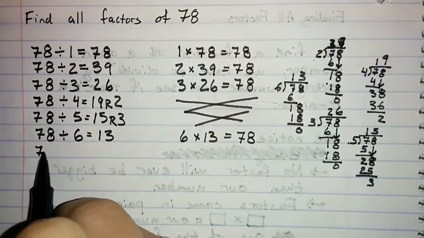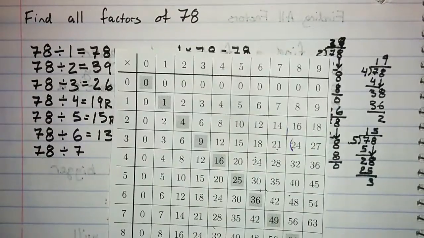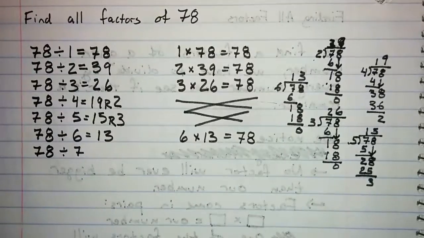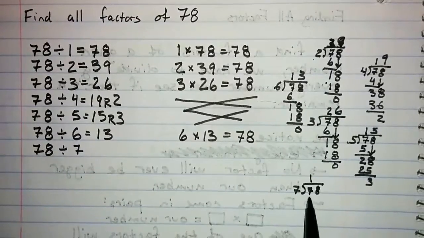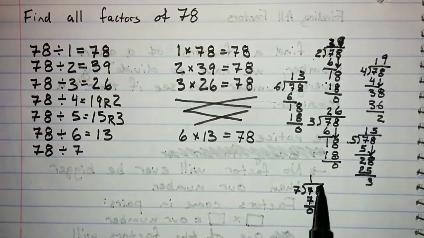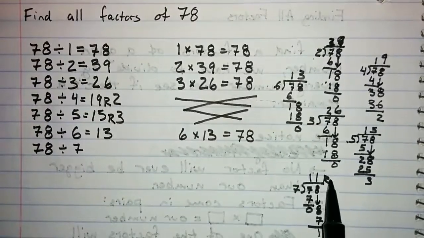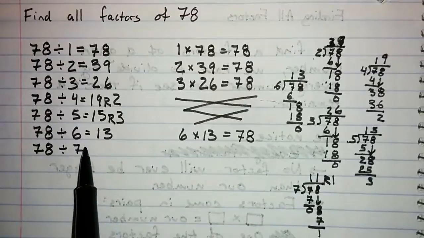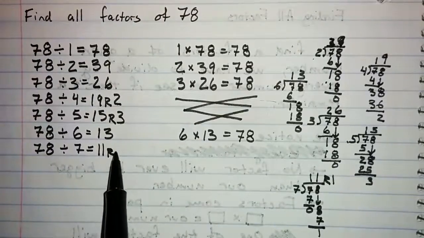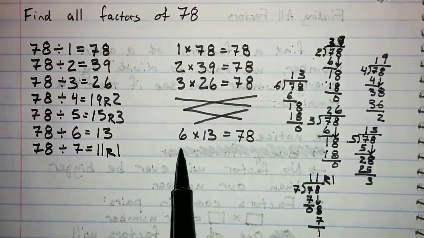How about 7? 78 is bigger than the biggest number in my 7 row, so I'll divide. 7 goes into 7 one time. Bring down the 8. 7 goes into 8 one time, with 1 left over. So this is 11 remainder 1. 7 is not a factor.